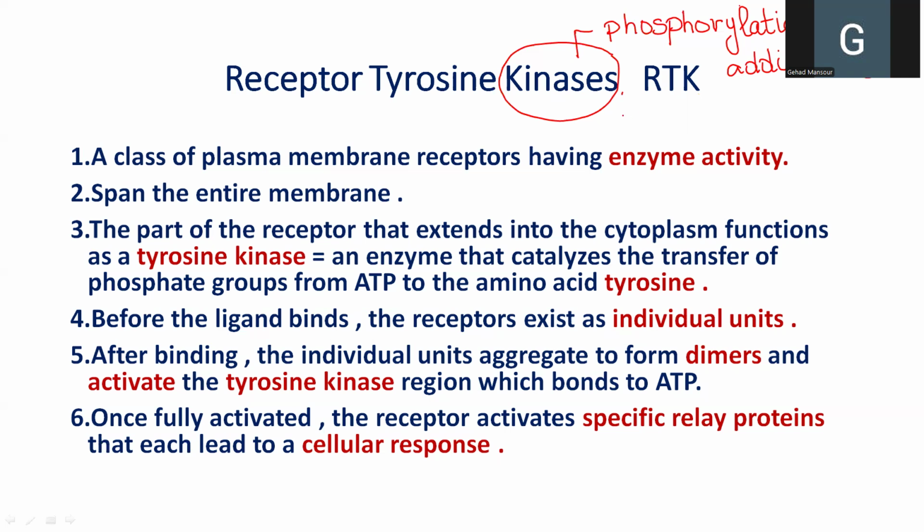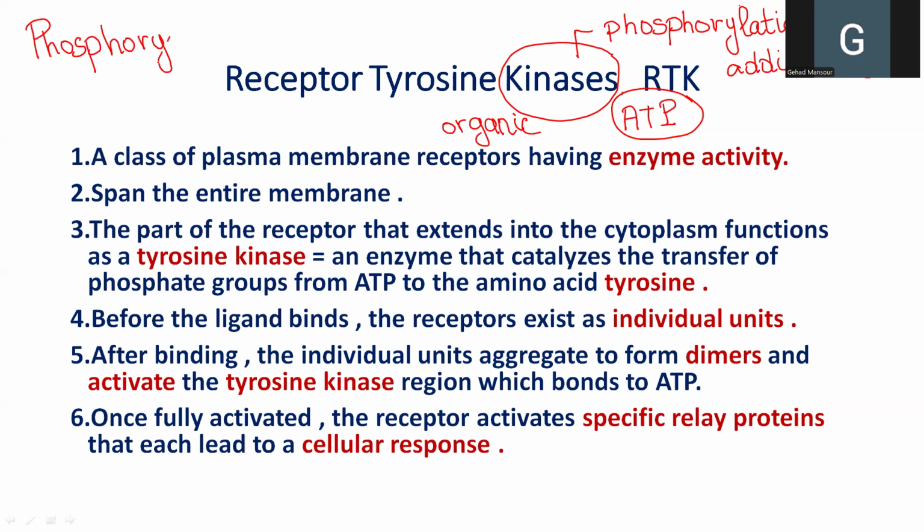But this phosphate group should be taken from hydrolysis of ATP, meaning that this phosphate is of organic origin, because ATP is an organic molecule. There are other enzymes that cause phosphorylation, but these enzymes are called phosphorylases, not kinases.